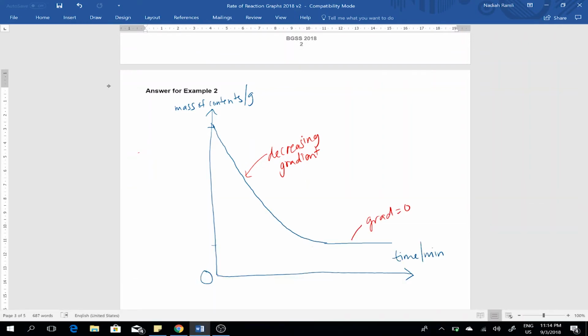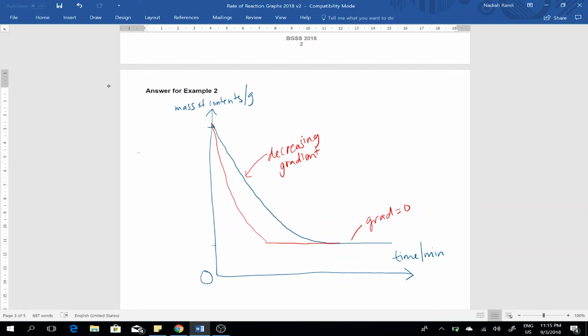Okay, so alright, draw the line. Because only temperature is changed, the limiting reactant is not changed. The end product, the loss in mass, should also be the same. Okay, so here all I have to do is to join it up.